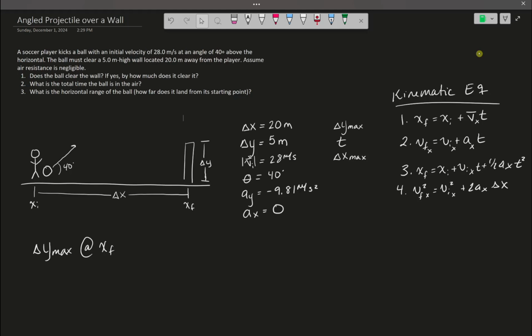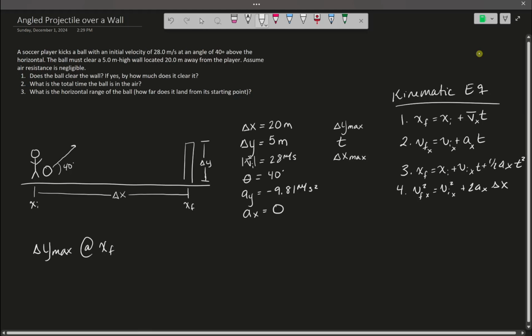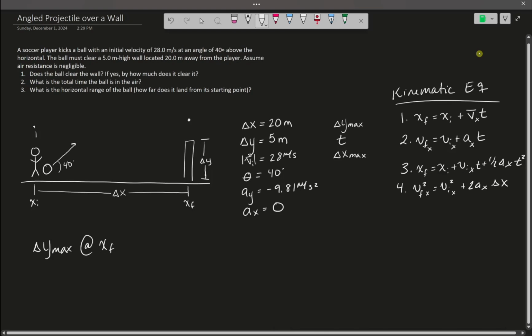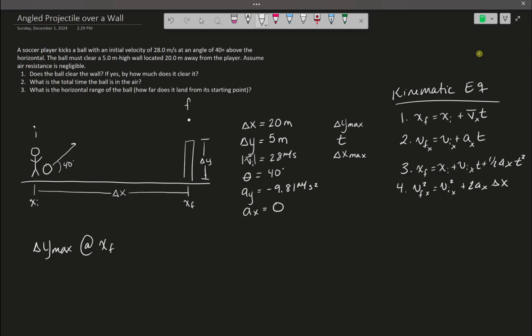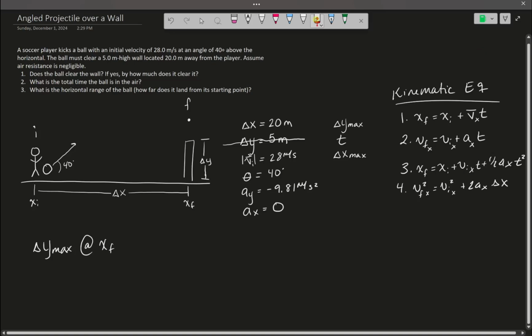I can consider when the person kicks the ball to be the initial condition and when the ball is above the wall to be my final condition, which means that I actually don't have this delta y information. This change in y, the wall being 5 meters, only is going to allow me to determine if the ball goes above the wall or if it bounces off the wall. It doesn't actually help me in solving this problem.